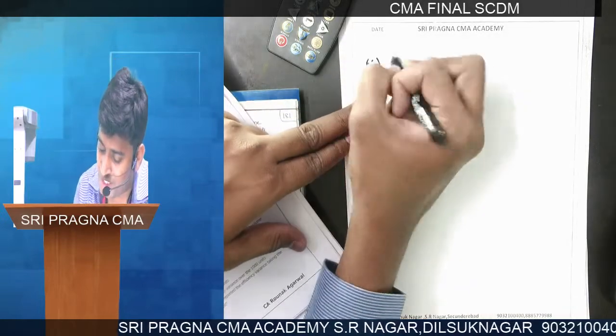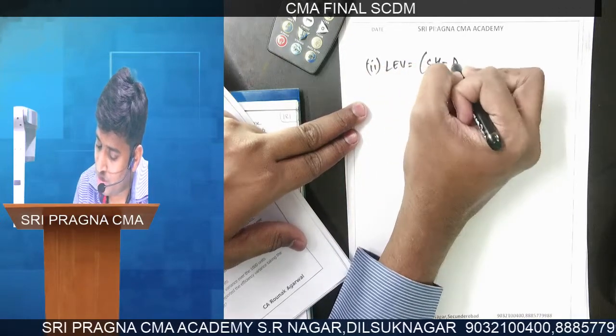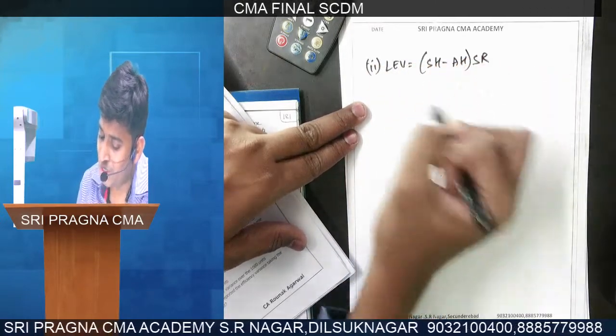In your IPCC or intermediate, the labor formula was SH minus AH into SR.